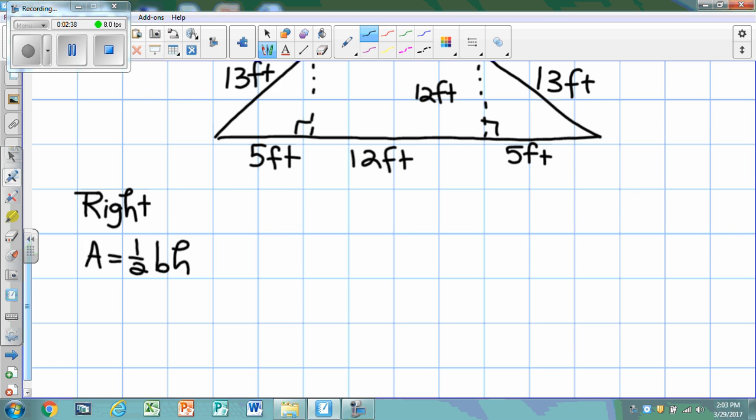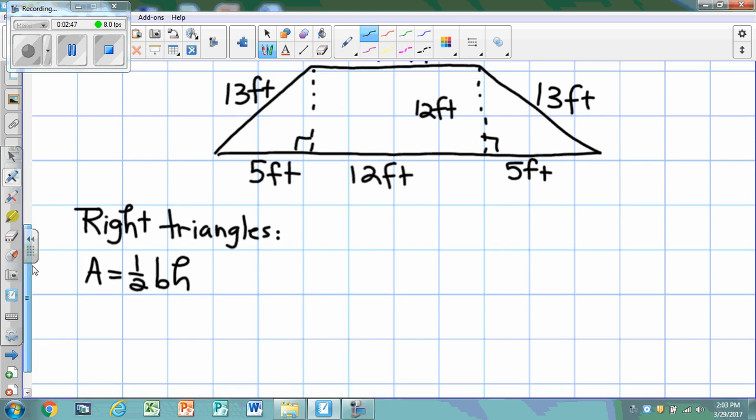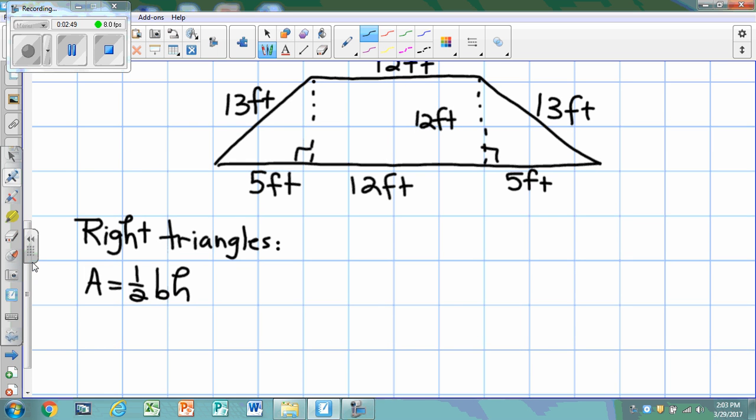If you don't have that yet, you got to study it. It's something you have to know. So our right triangles, now we're only doing one because our right triangles, do they have the same height? Yes. Do they have the same base? Yes. So we only have to do it once, but we have to remember that it's for how many right triangles? 2.